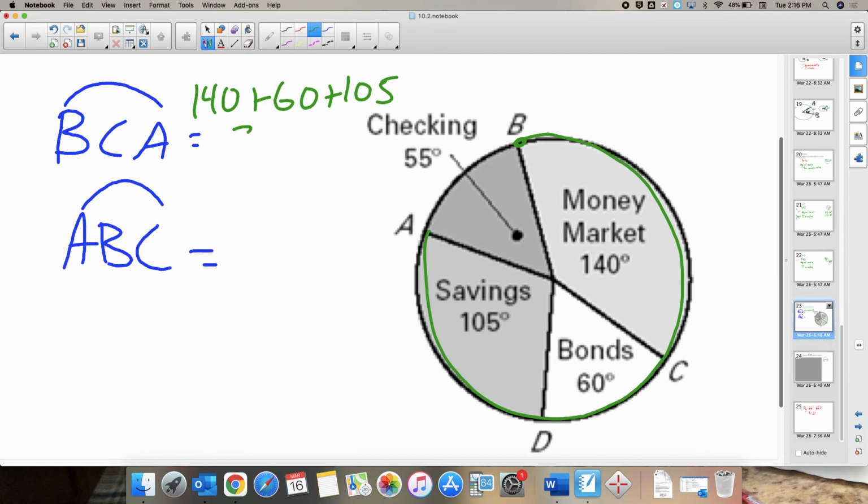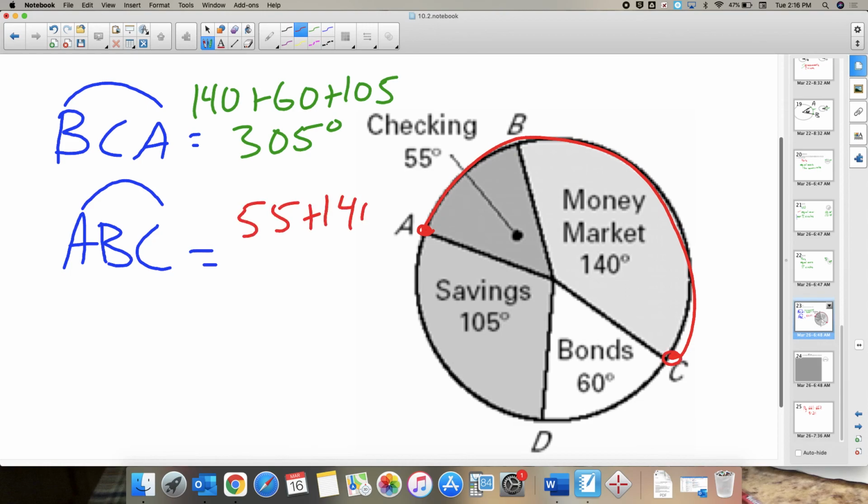So we get 305 degrees. For arc ABC, we start at A, we go through B, we end at C. So I have 55 plus 140. That gives me 195 degrees.